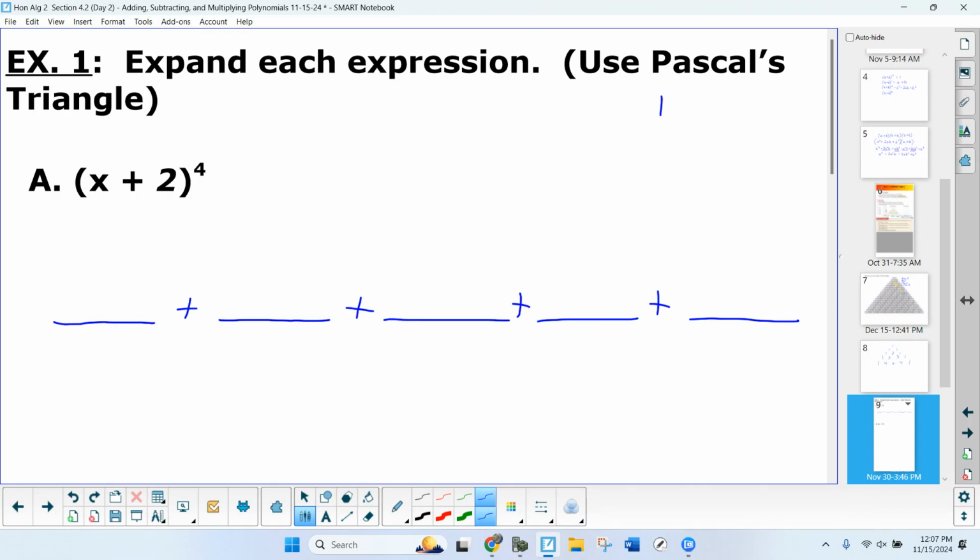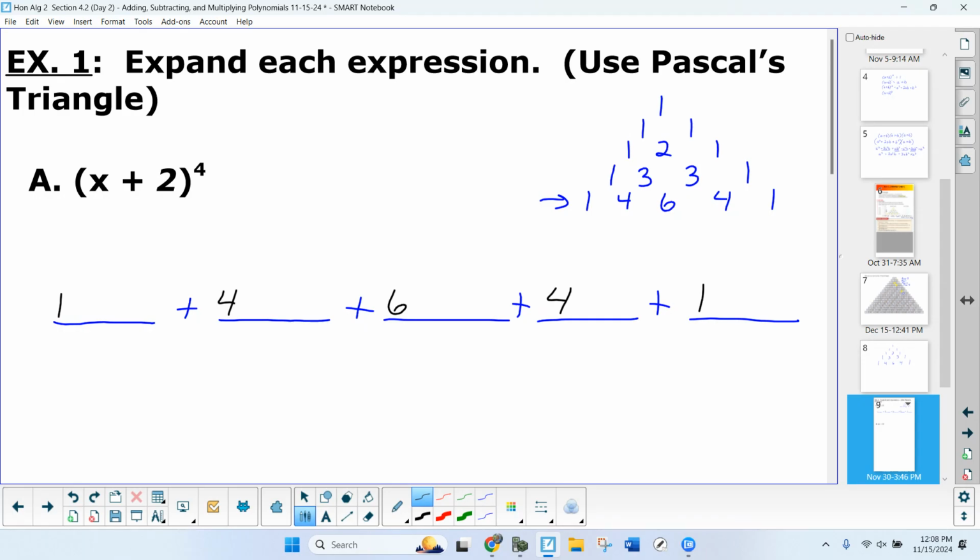So I'm going to go 1, 1, 1, 1, 2, 1. I got to get to the row that has a 4 in it. 1, 3, 3, 1, 1, 4, 6, 4, 1. So in this case, I need the row with a 4, so it's that row. So my coefficients are what? 1, 4, 6, 4, 1.